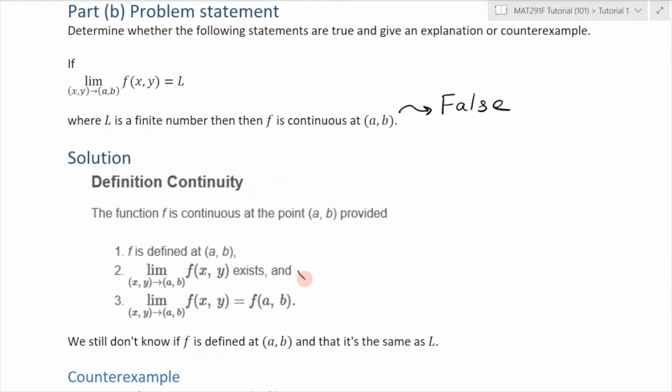So this one is satisfied, that's no problem. But then nobody told you that f is necessarily defined at a point (a, b). So this is not given. And this is not given because, okay, sure, maybe f is defined, but what if it's different from the limit? What if it's different from L?